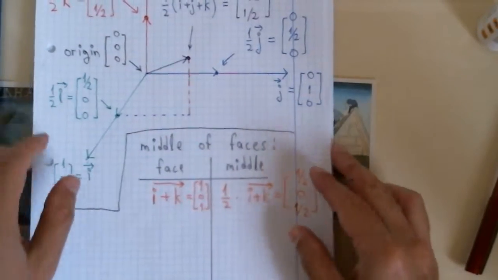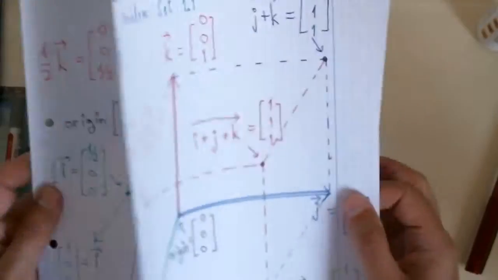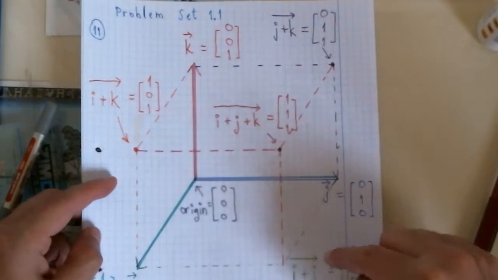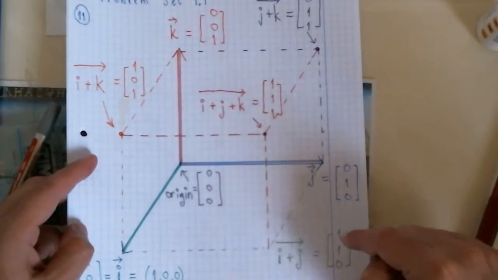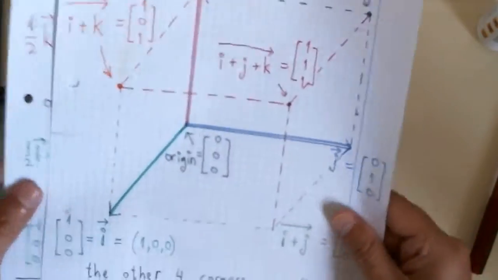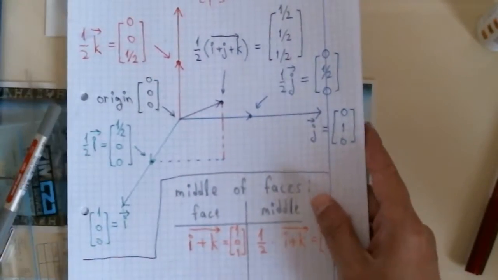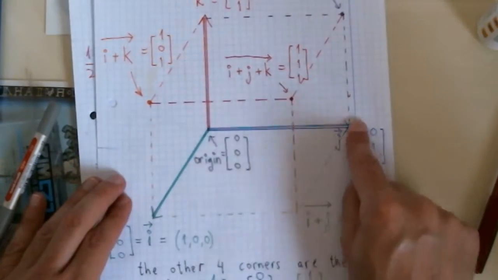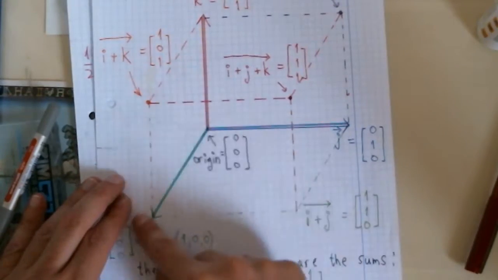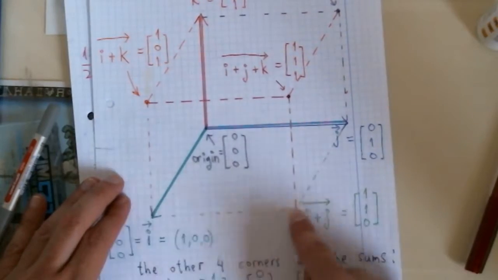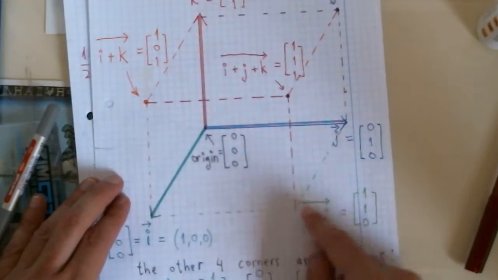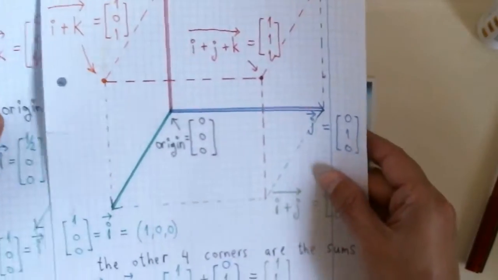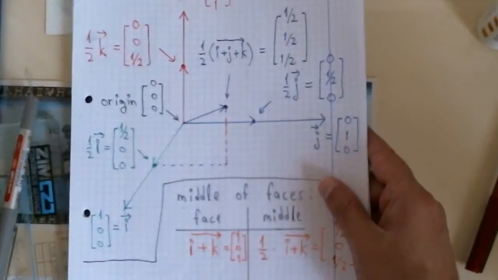In the same way, we can do it for all the faces. Let's take another face. The face of i plus j is 1, 1, and 0, the light green, the bottom face of the cube.